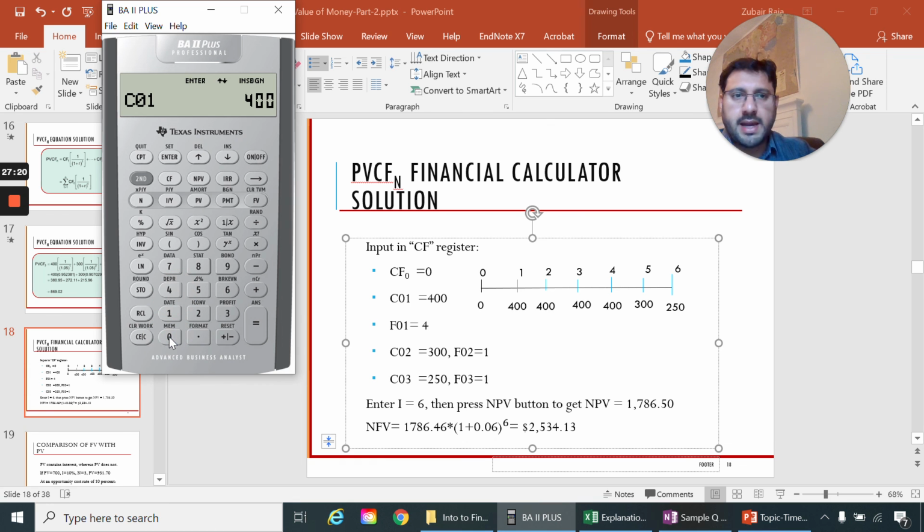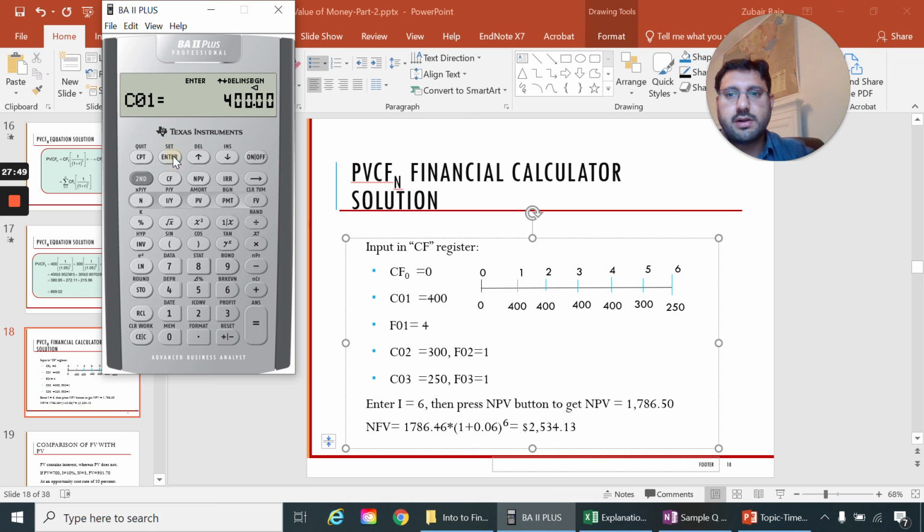Over here, minus or plus does not matter, right? If you feed in the number as plus, it will come as plus. If you feed in minus, it will come as minus. There might be some calculations where it matters when the concept of capital budgeting comes, and we will discuss those things when that chapter or topic comes.